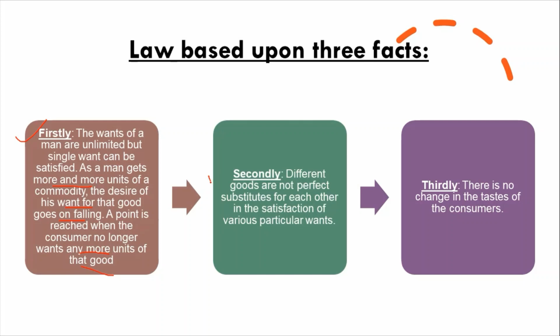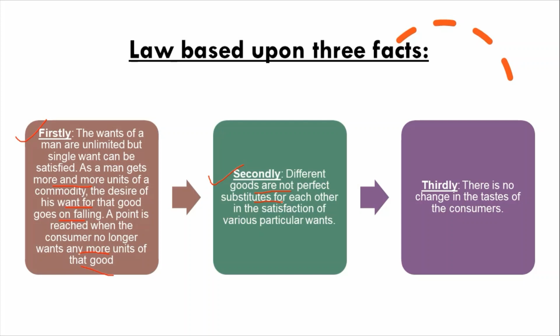Now the second fact is that different goods are not perfect substitutes for each other. Substitutes are goods that you can replace with some other good. You cannot always substitute one good for another.